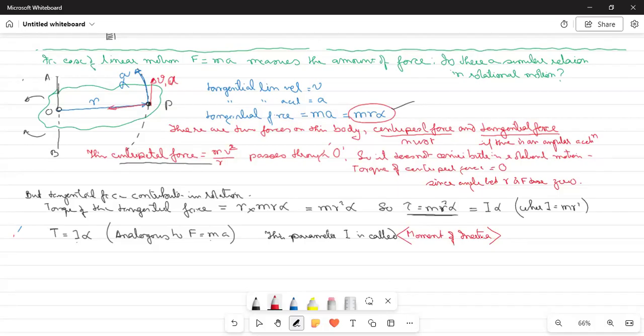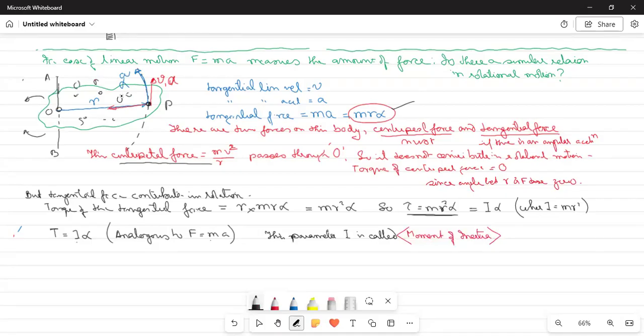Now, we considered only one point. If there are many such points, this lamina is made up of many such points P, Q, R, S, T, U, V, etc. Let us say all the points or elements that I have taken have the same mass m.